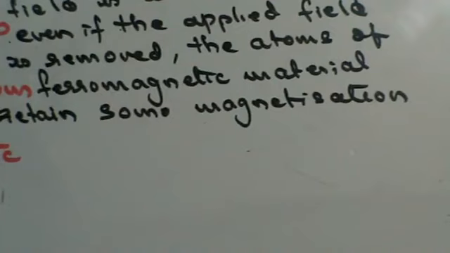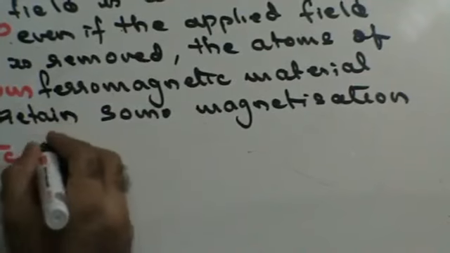Right? So it is for this reason that ferromagnetic substances are used to prepare permanent magnets.